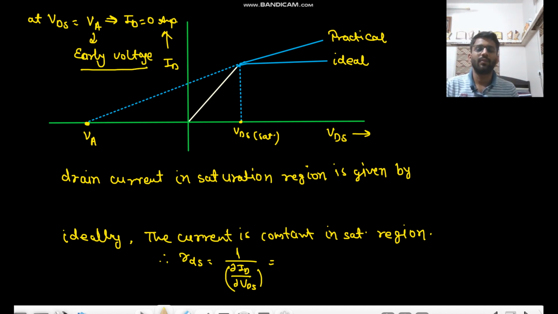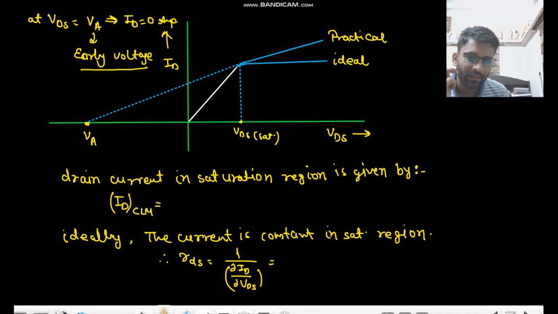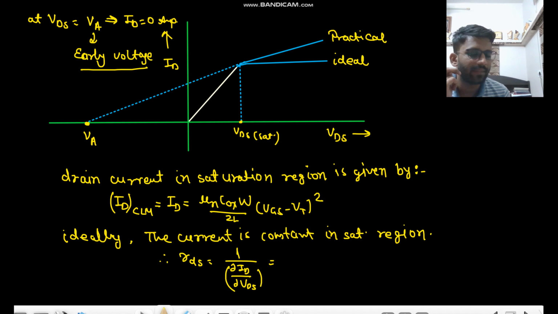Now since the drain current is not constant, the drain current depends on the VDS value. So the drain current in saturation region with CLM, I will write it as ID only, equals mu n Cox W by 2L (VGS minus VT) whole square. This part is the same. Also, we will have a part, 1 plus lambda VDS.